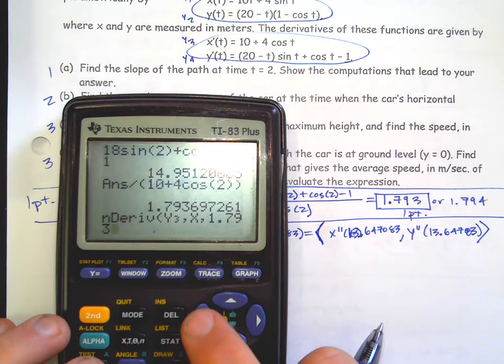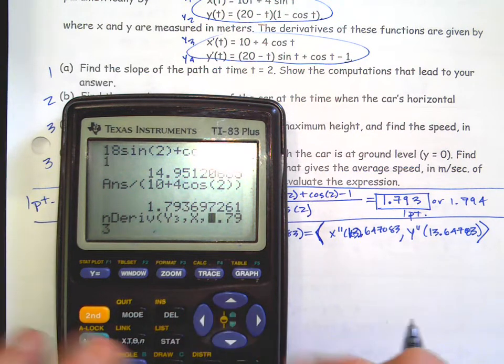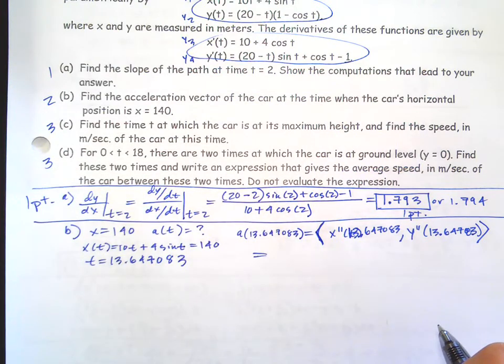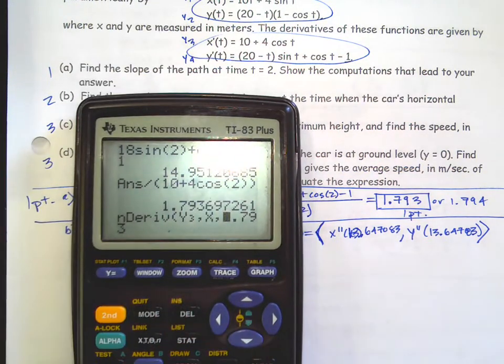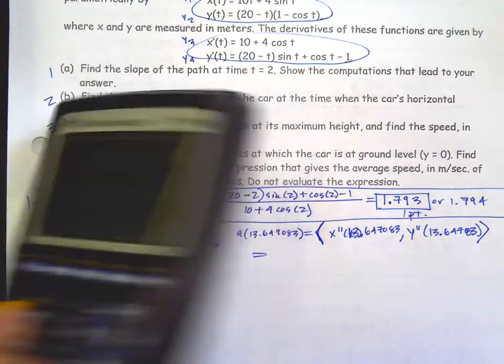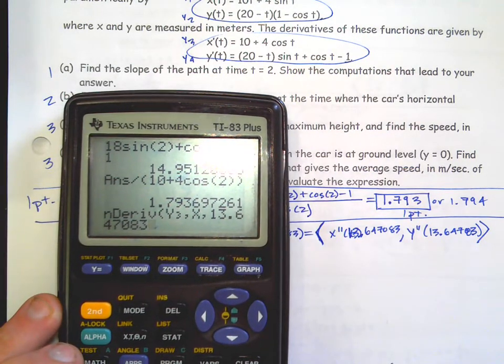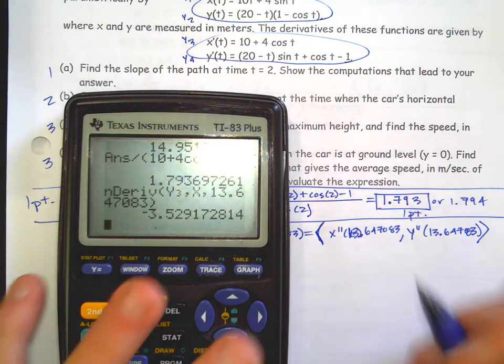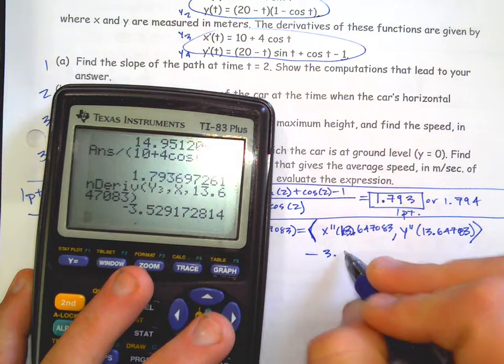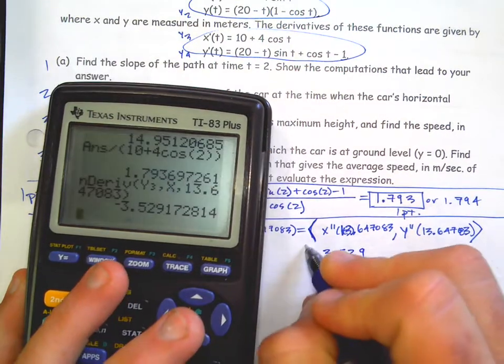Oh, shoot. 13.647083, right? So that'll give me the first part, negative 3.529.